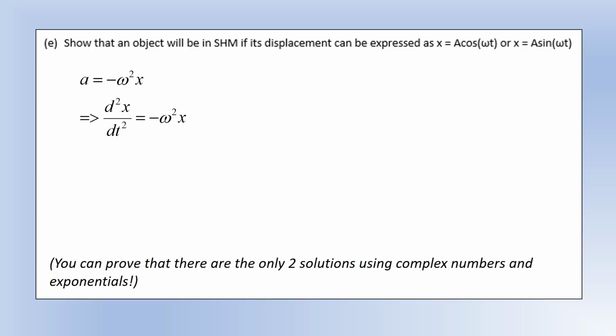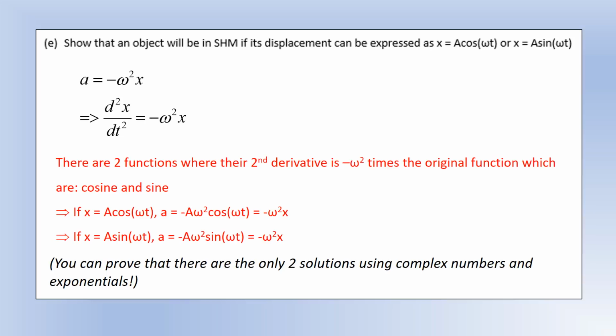But we could also express acceleration as the second derivative of displacement, or you've taken the derivative twice. So there are only two functions where the second derivative is minus a constant times the original function, and those two are the sine and cosine functions, and I've shown you there what you get if you do the second derivative of each.